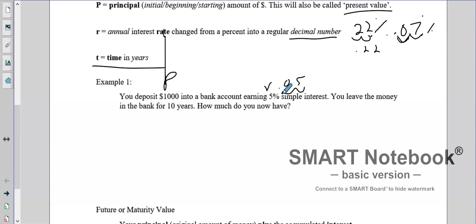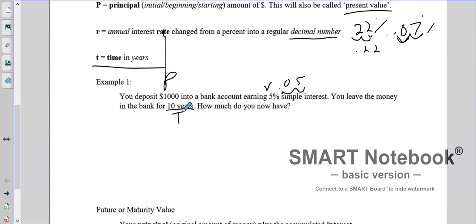A very common mistake with 5% is to say 0.5, and 0.5 is 50%. It's half. We don't want that. It's 0.05. And you leave the money in there for 10 years. That's your time. How much do you have?